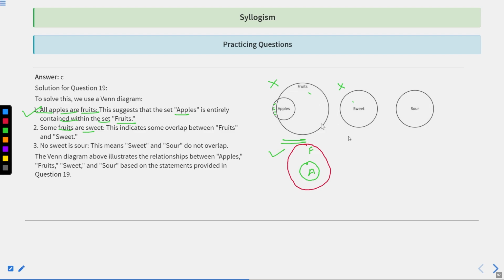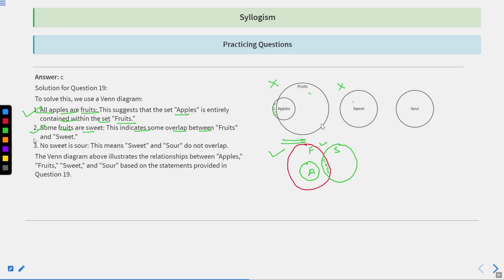It is suggesting that there is no relation between fruits and sweets, but rather the statement suggests that there should be some fruits which are sweet, which means that it indicates some overlap between fruits and sweets. So fruits is this particular circle, and the overlap for sweet should be like this. So some fruits are sweets is this area. So now the second statement will also be correct according to the Venn diagram which is right in front of you.